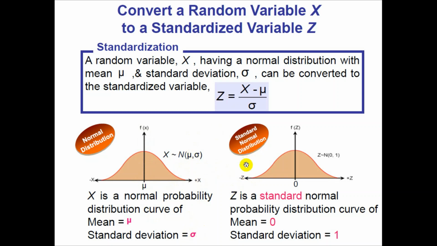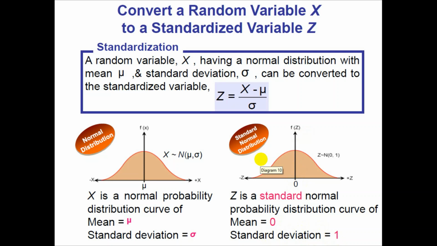When we convert to the standard normal distribution, the z value at the center will always equal 0, and the standard deviation will always equal 1. So when we convert to 0 and 1, it follows a standard normal distribution.